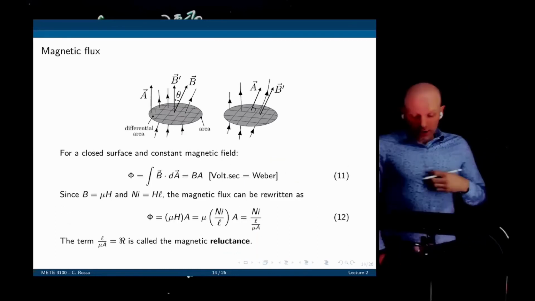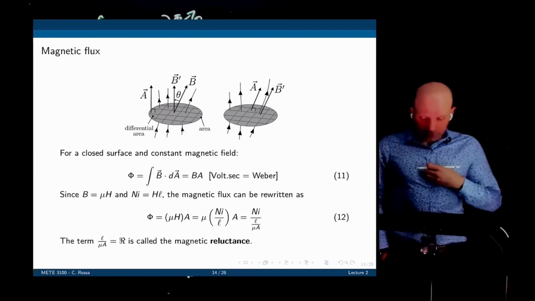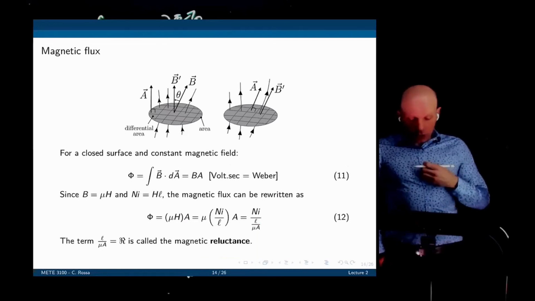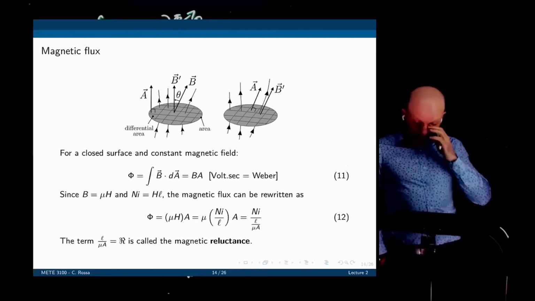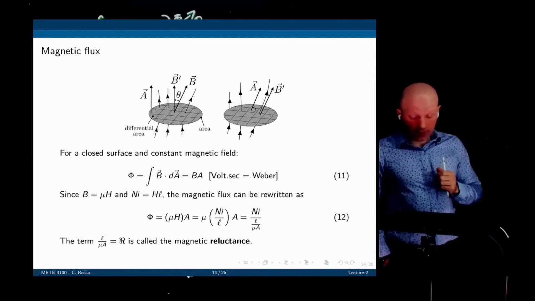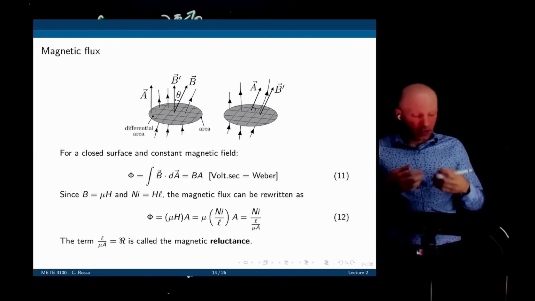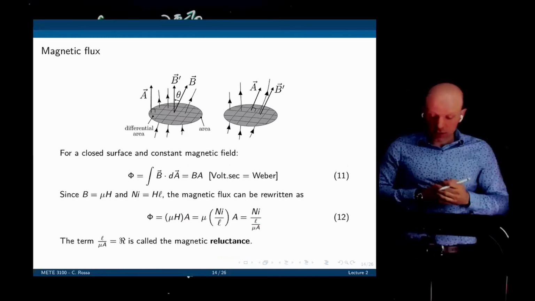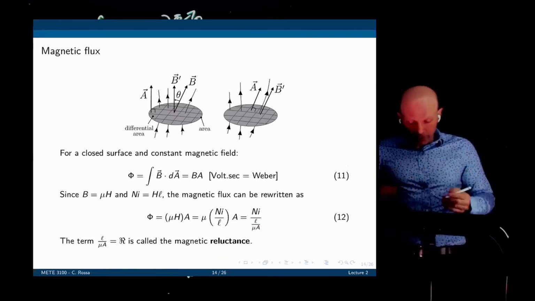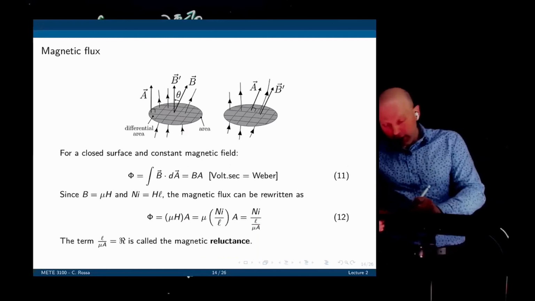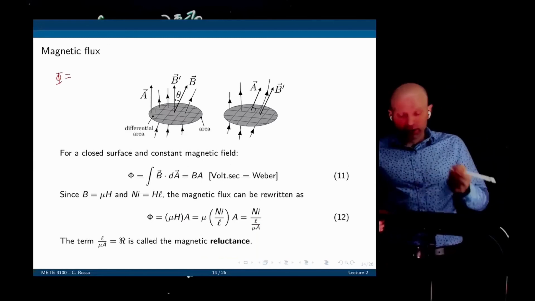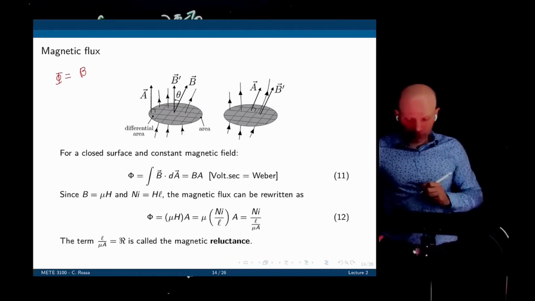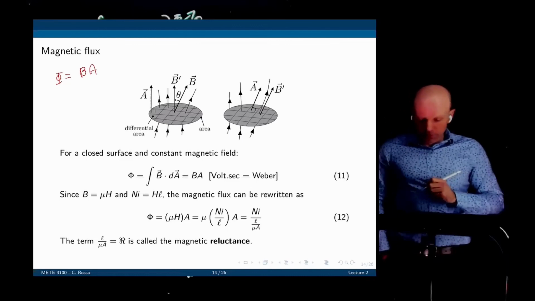All right, so now let's go back here. For a closed surface that is subjected to a magnetic field density B, we can find the magnetic flux as the integral of B dA. Again, if A is constant and known, then the magnetic flux is simply the magnetic flux density times A. What is B?